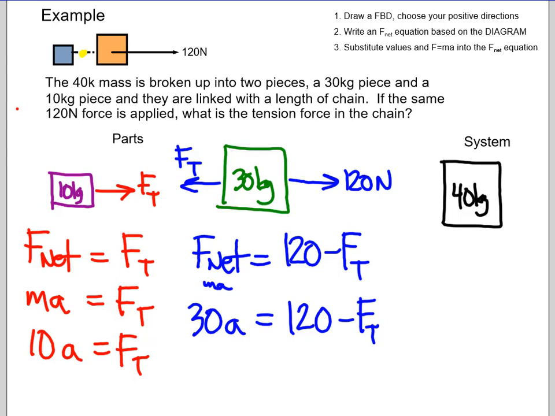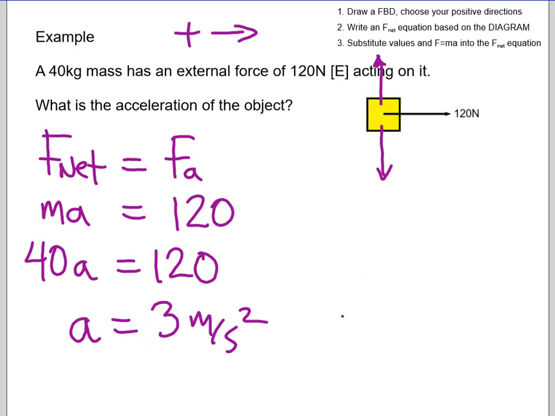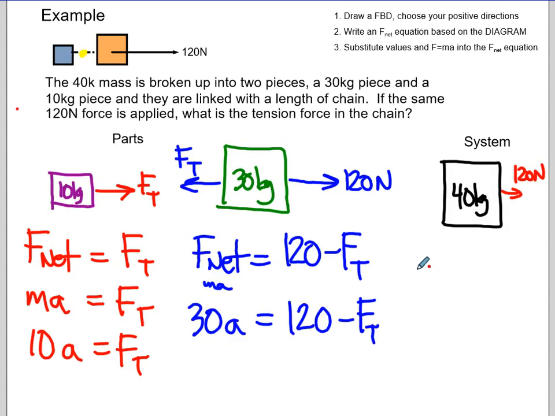And we can say there's a 120 Newton force acting on that, and what you should recognize is, hey, that's the exact same question we did back here. So when we view the problem that way, we now know the acceleration of that system is 3 meters per second squared.